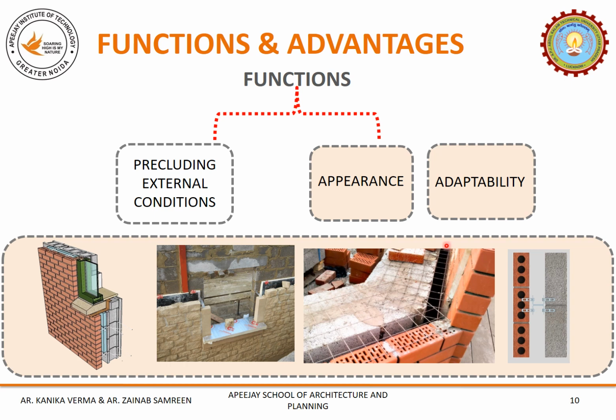If you are doing any modification to the exterior wall, then nothing is being hindered from inside because there are two walls. But these appearance and adaptability are basically the secondary factors to be taken care of.